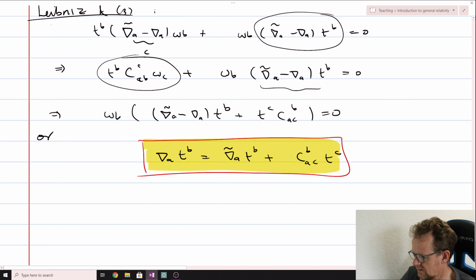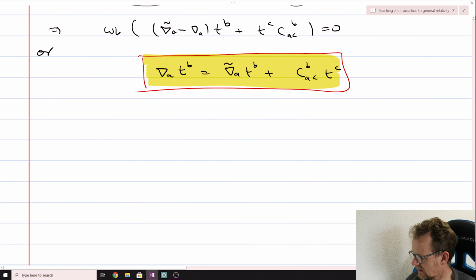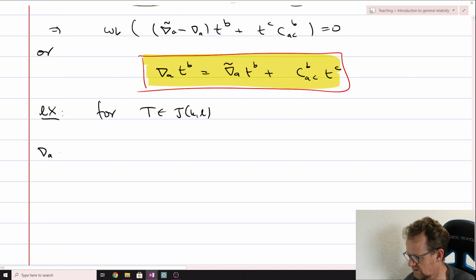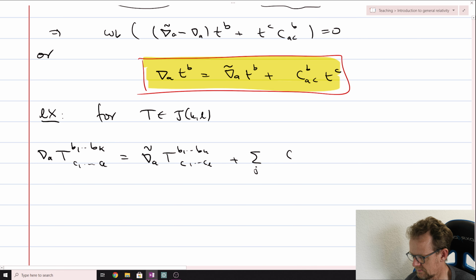This trick can be applied inductively to find out how delta and delta-twiddle act on an arbitrary tensor field, namely what the difference between these two actions is. As an exercise, it's not such a hard exercise now that you've seen the trick, just a bit tedious, and you have to get down there and do it. We learn that the action of a covariant derivative operator on a tensor of type (k,l) is already determined once you know this tensor field C. And what you get is this expression here.